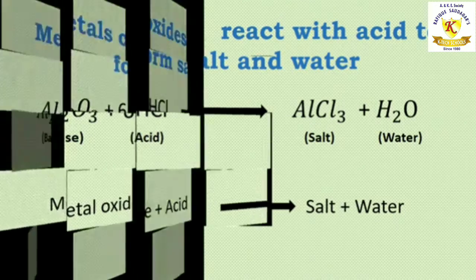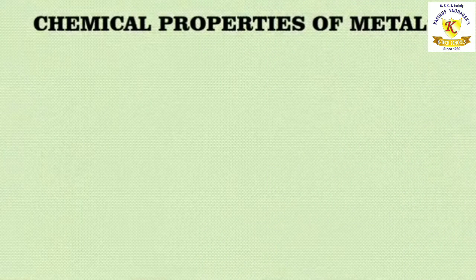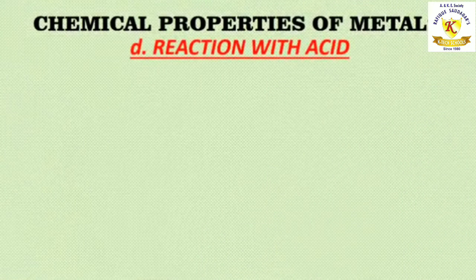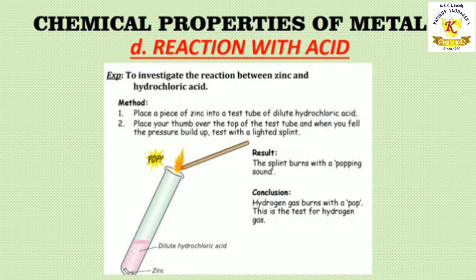Now, let's see the next property. The next chemical property we have is reaction with acids. Here, we have to do an experiment. What we have to do here is take dilute hydrochloric acid in a test tube.